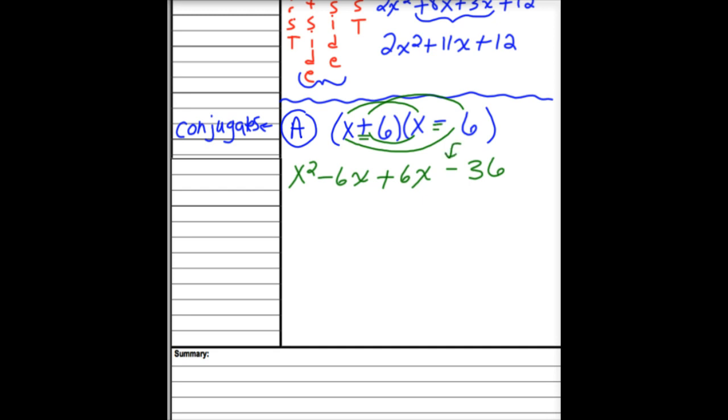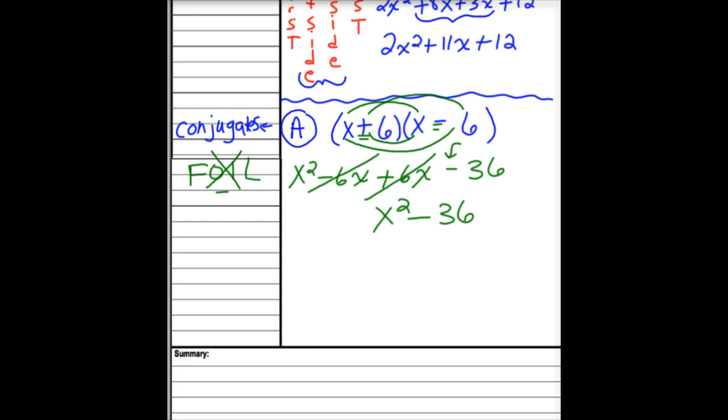You'll notice what happens here is that the O and the I combine to give me no x's. And I really just end up with firsts minus lasts. And this always happens when you multiply conjugates, that when you do FOIL, these always end up being opposites, and they combine to make 0, and we really just end up with firsts minus lasts.